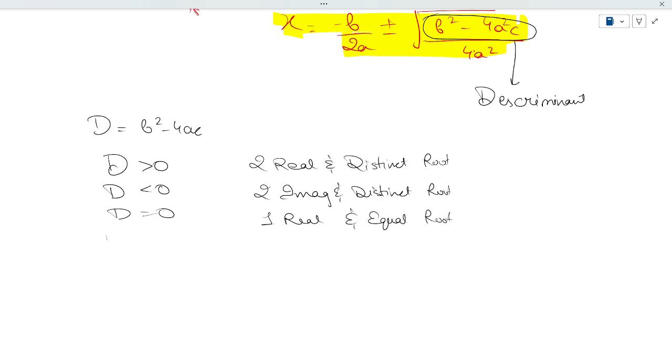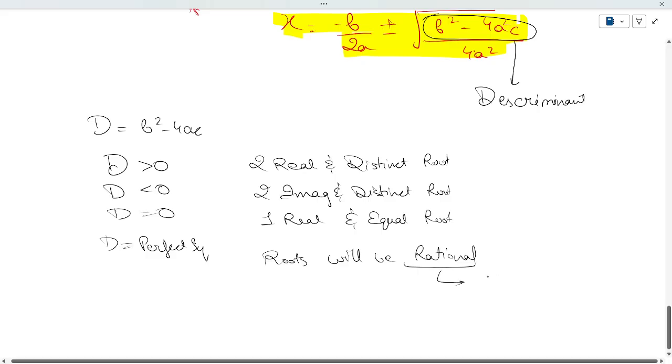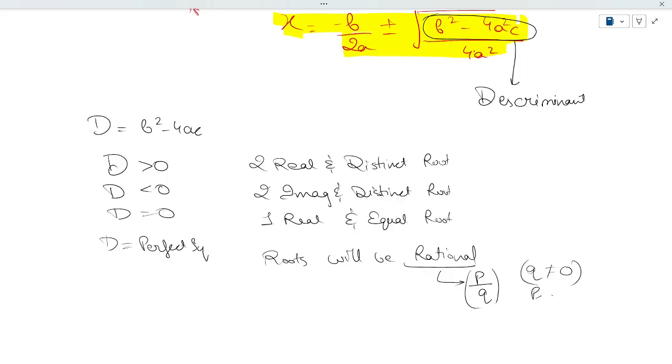And if your D is a perfect square, then the roots will be rational. Okay, so what do you understand by rational? Rational numbers can be expressed as p upon q, where q cannot be equal to 0, and p and q are whole numbers.